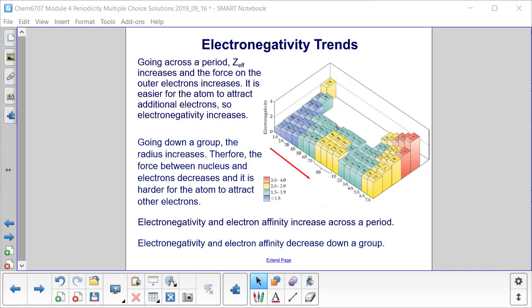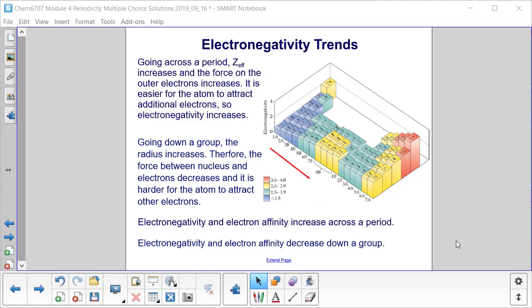Let's take a closer look at electronegativity. Going across a period, the effective nuclear charge increases and the force on the outer electrons increases. Because of that, it is easier for the atom to attract additional electrons. So electronegativity increases. Going down a group, the radius increases.